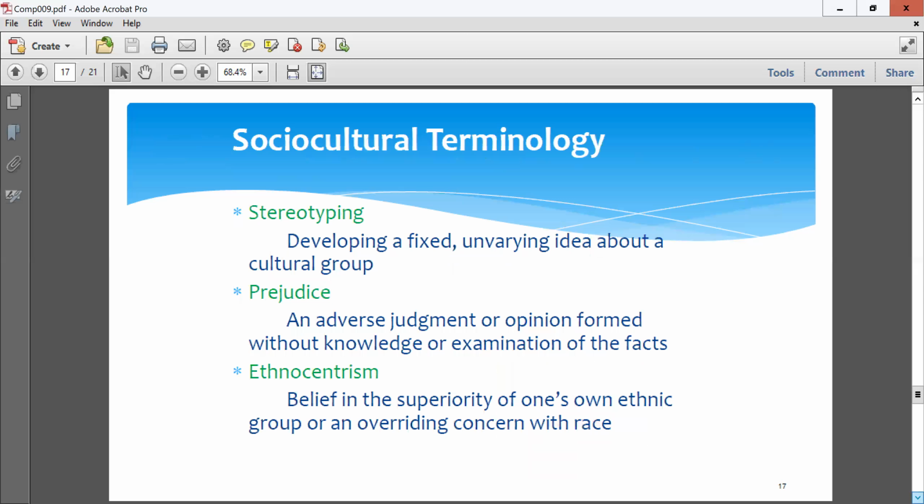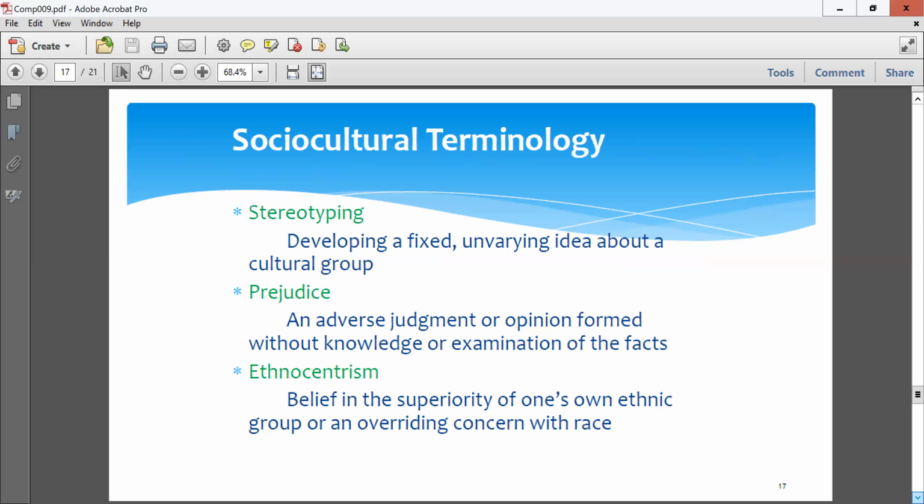Stereotyping is developing a fixed, unvaried idea about a cultural group, and that's one of the reasons I said in the beginning that when I make a generalization about a culture, that's in a sense what I'm doing. That's why I wanted to include the caveat that there are always individual differences, and I'm just trying to talk in generalities.